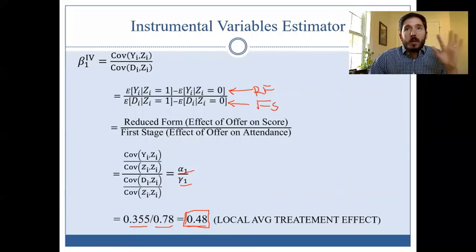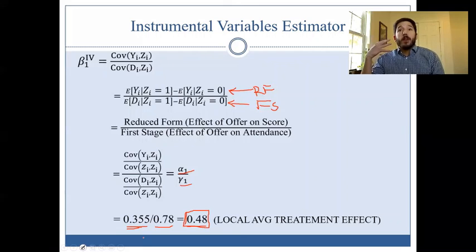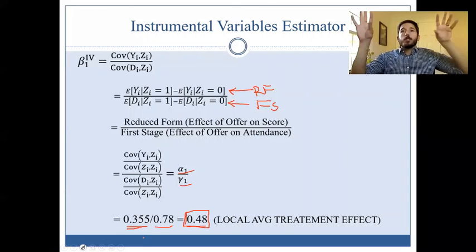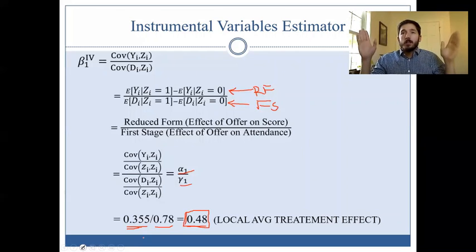So in layman's terms here, we're finding the effect of being offered a seat in this charter school. We're comparing people who are offered versus not offered, right? What's the difference in their test scores? But then we need to account for the fact that not everybody who was offered a seat actually ended up going, right?